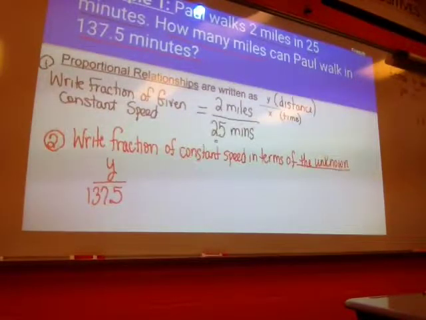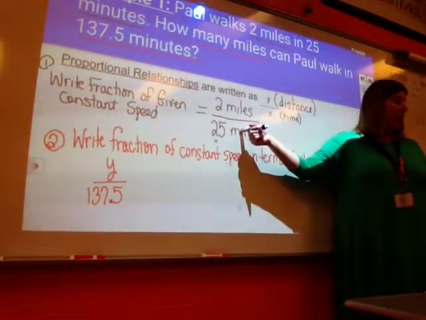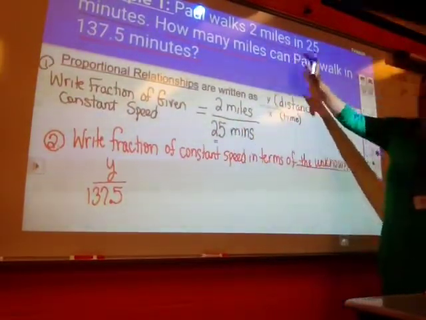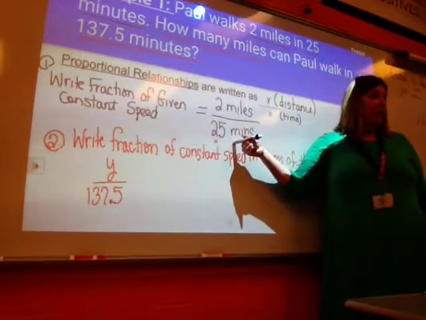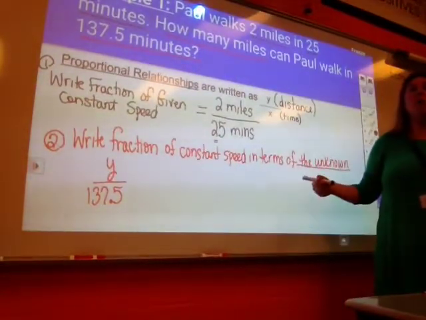Does that make sense? So, we write our fraction of our given constant speed, which is what we were told in the problem. So 2 miles over 25 minutes. Then we write our fraction for what it is we don't know.